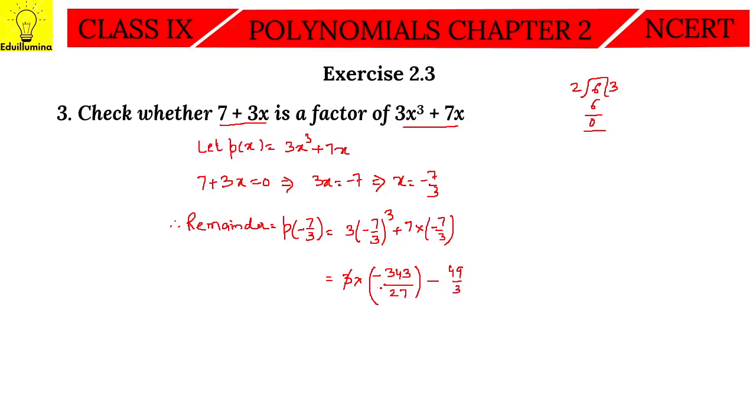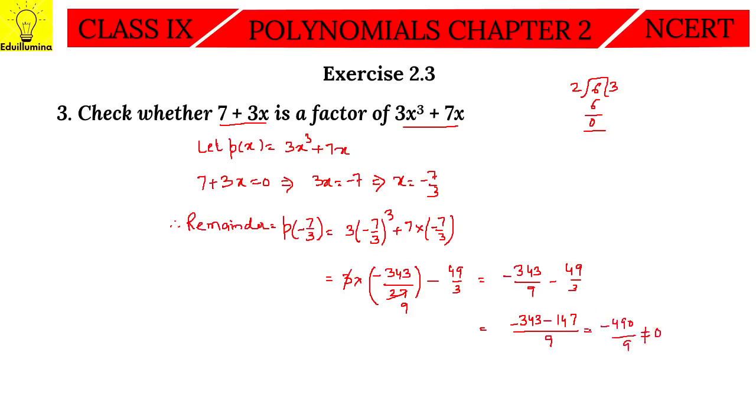So 3 9s are 27, cutting होगी, which is equal to minus 343 upon 9 minus 49 upon 3. So taking 9 as LCM, so it is minus 343 minus 147. So after adding, we get minus 490 upon 9, so which is not equal to 0.